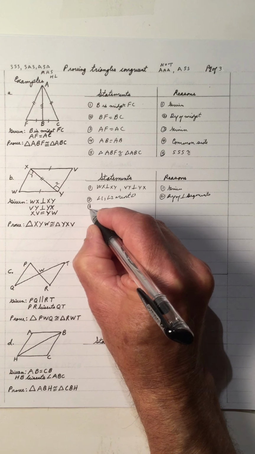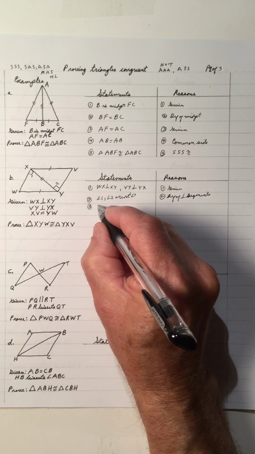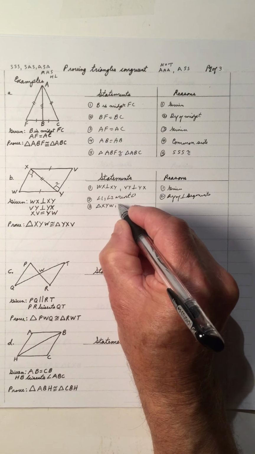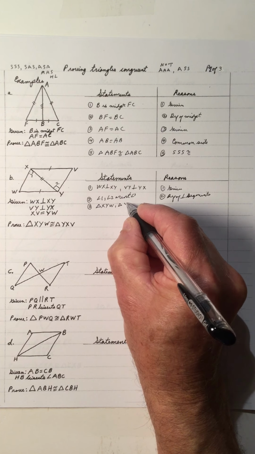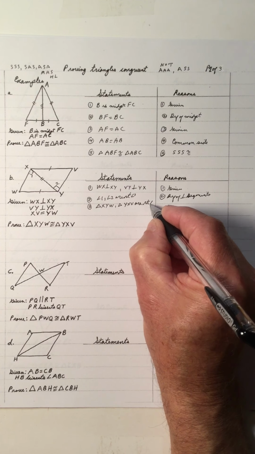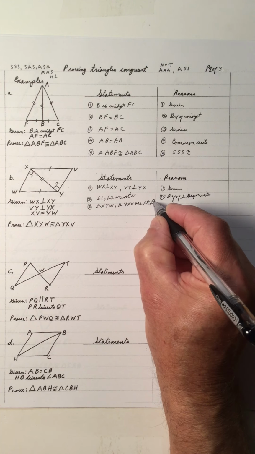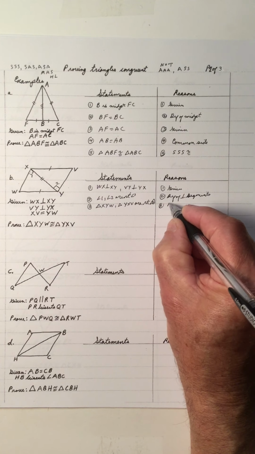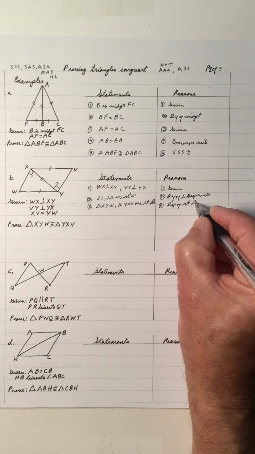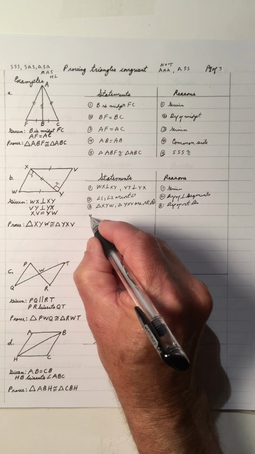And as a result of being right angles, that means that the triangle XYW and the triangle YXV are right triangles. Definition of right triangles. They're right triangles because we have right angles.